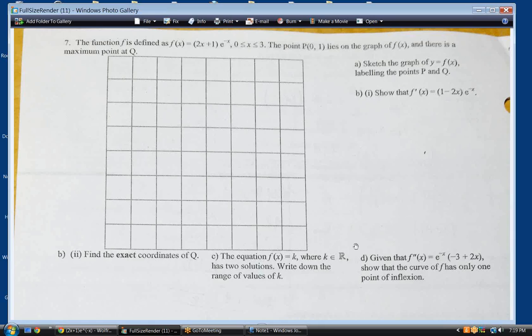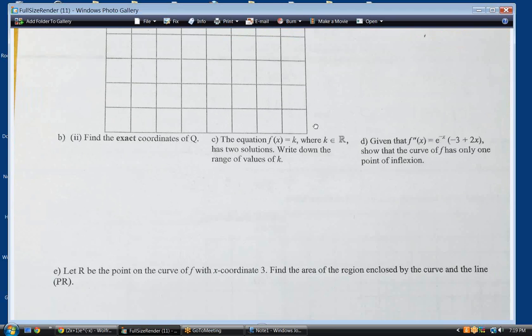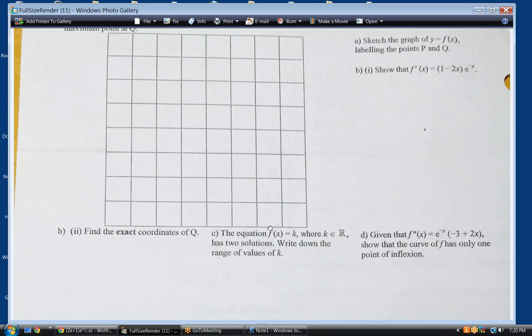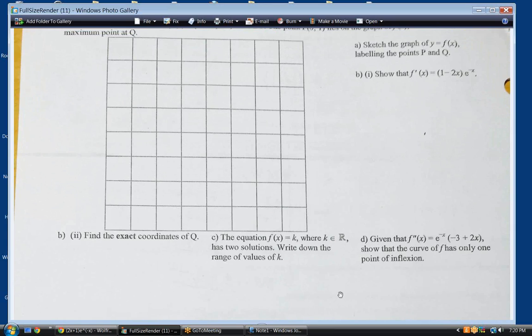C. I've looked at C for quite a while, and I don't have a clue what they're talking about. Maybe you can explain it to me. Which part? C says the equation f of x is equal to k, where k is a subset of all reals, and it has two solutions.